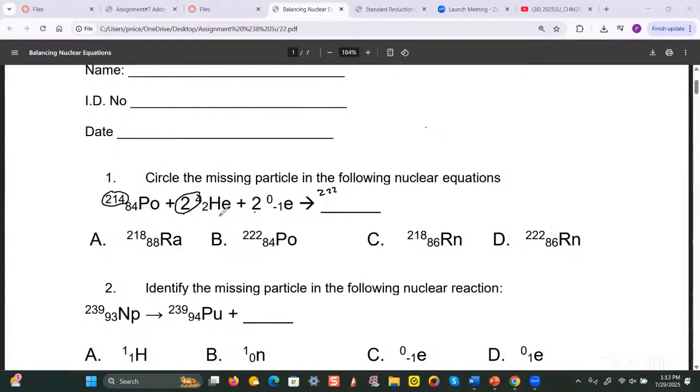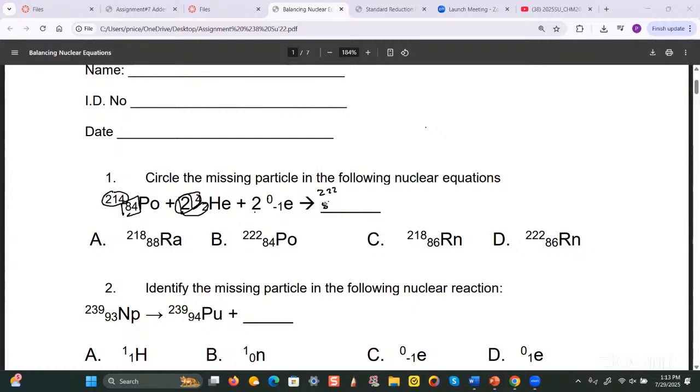And then we do the same thing for the atomic numbers. So that's 84 plus 2 times 2. So that's 4. So that's 86. Or 88, I'm sorry, 88. So whatever the product is here, it's 88, right?